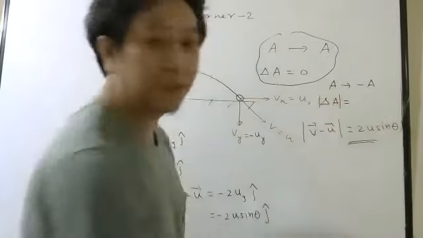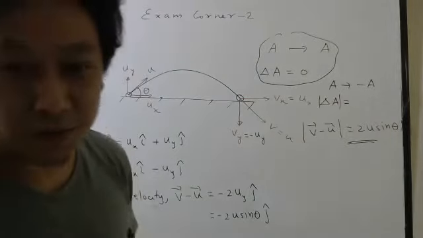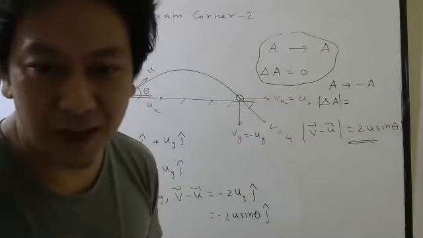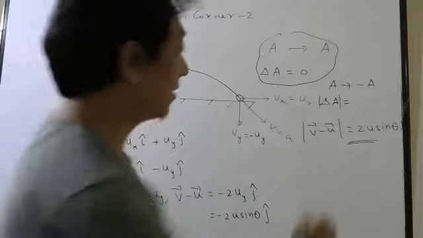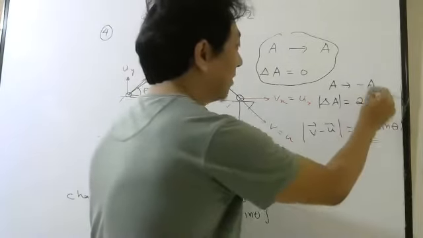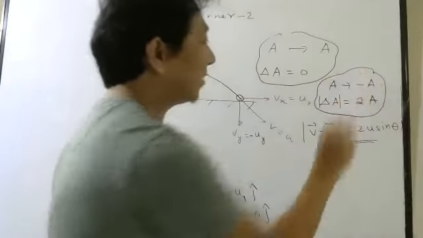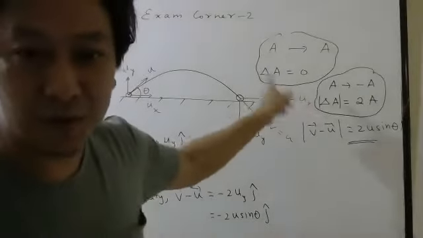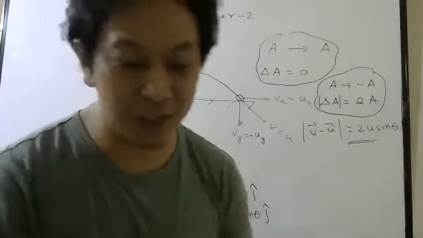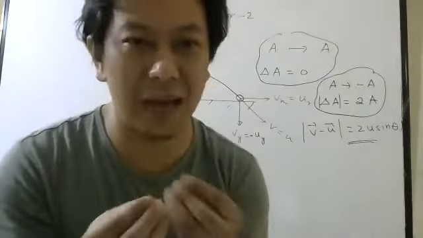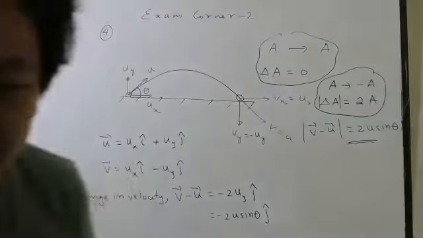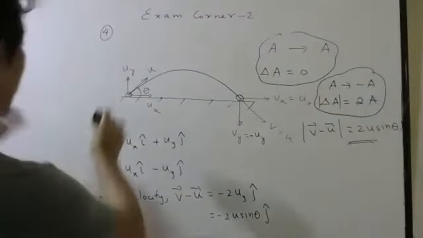Just tell the magnitude. 2A. Change will be 2A. So this is something I want you guys to know. If you know these things, you can easily do this problem like this. In I think 20 seconds you can solve. So let me explain quickly, okay? So look here.